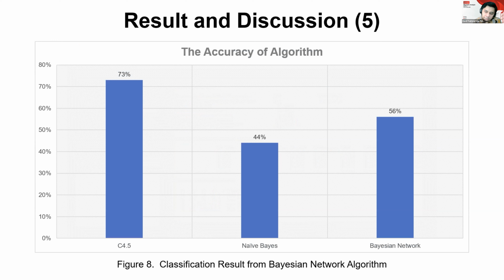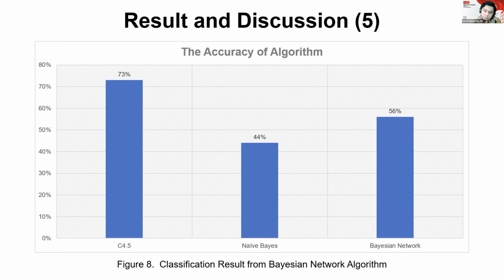From the comparison of the algorithm performance, it was found that the C4.5 algorithm had the highest accuracy, with a result of 73% and an average true positive rate of 0.739.